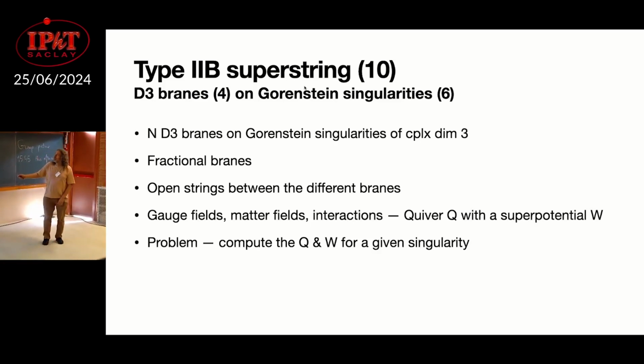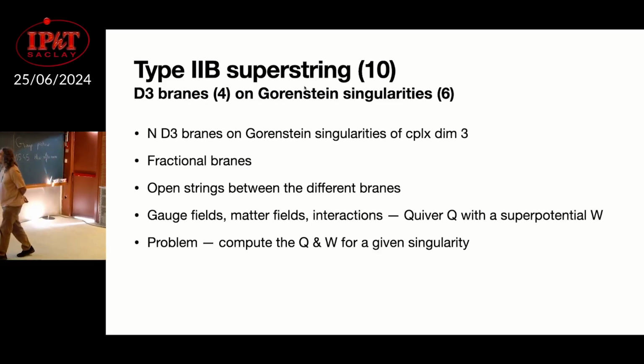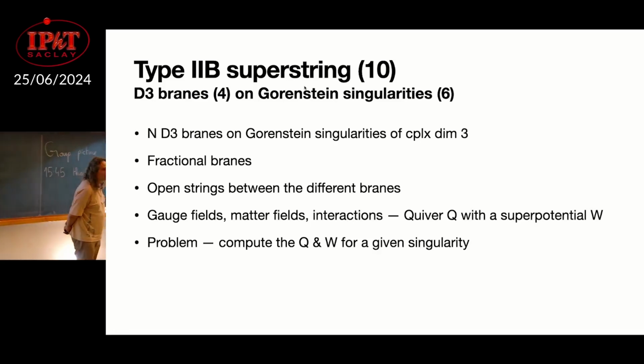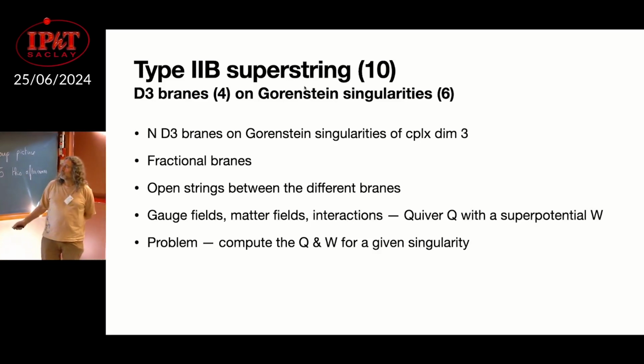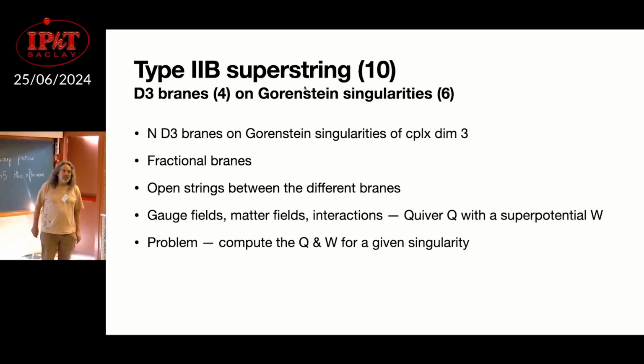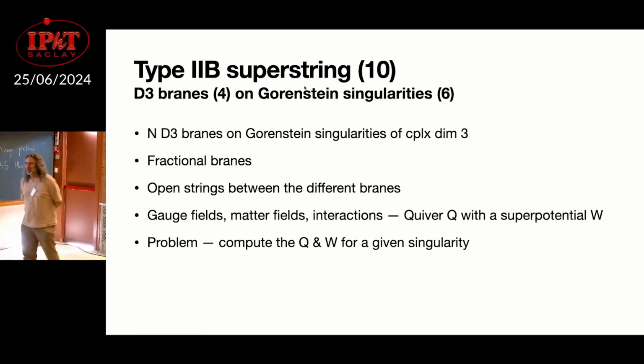And because of the supersymmetry of the problem, it turns out that the best way of describing the theory is using a quiver with the superpotential. And the problem that we had was to try and compute. So the input is the Gorenstein singularity, the type of singularity. And then the output would be some quiver and a superpotential. So how do we go about doing that?